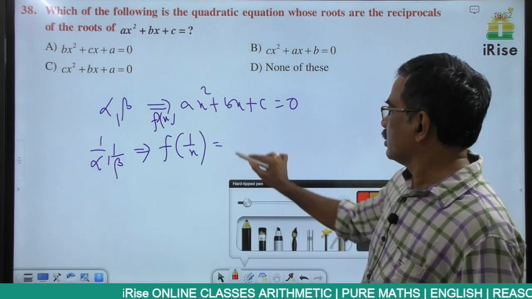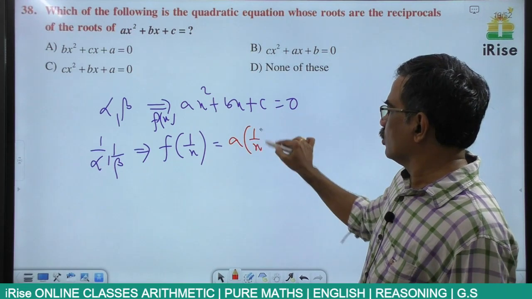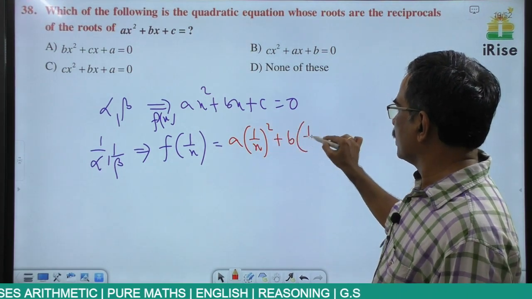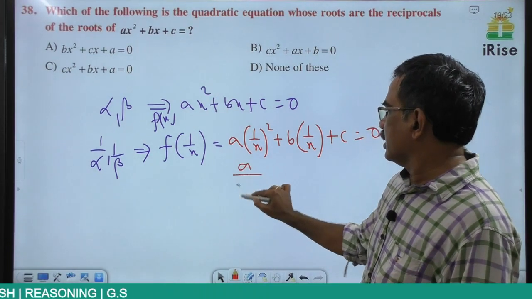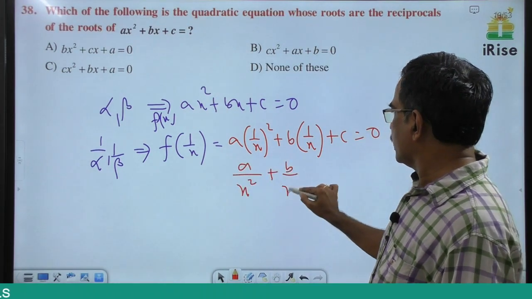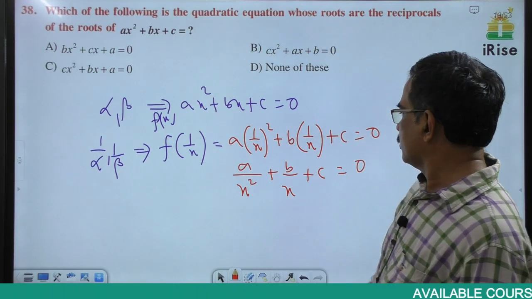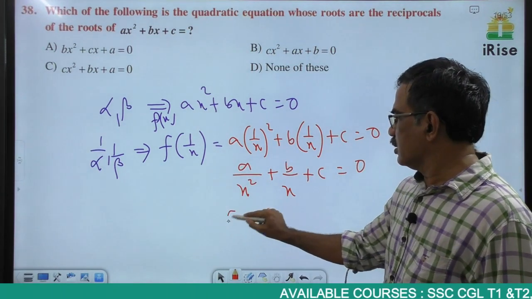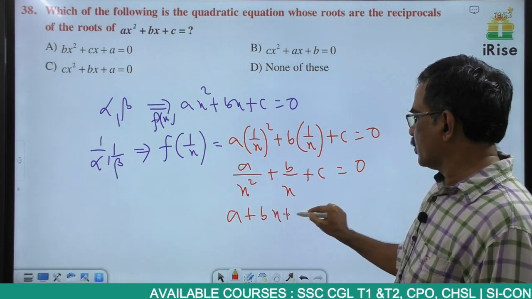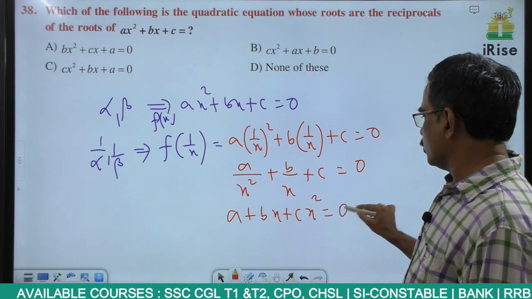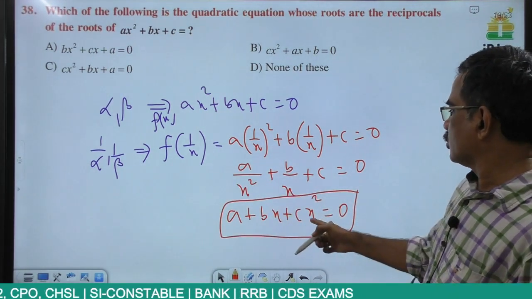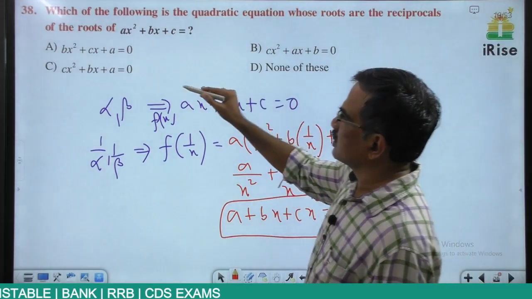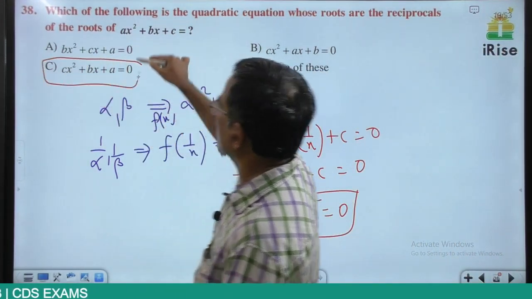So what do we get here? a into (1 by x) whole square plus b into 1 by x plus c is equal to 0. a by x square plus b by x plus c is equal to 0. Multiplied by x square, a plus bx plus cx square is equal to 0. Okay? cx square plus bx plus a is equal to 0.